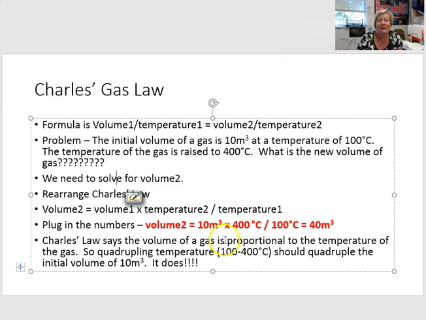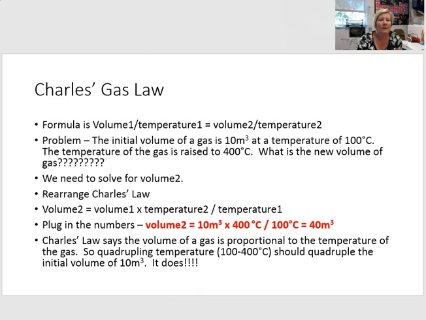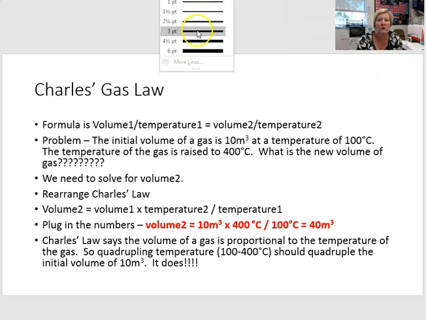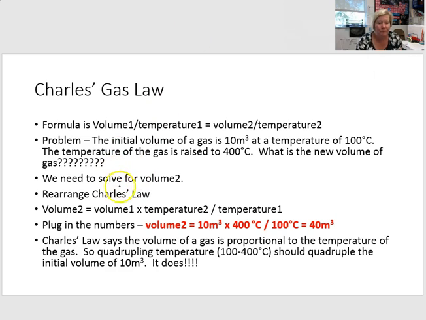So what that means is, as temperature increases, those little gas molecules are going to move faster and therefore expand out further, and volume becomes greater. Okay, so let me go up here and get a pen. Well, that's not a fun color. Let's pick green. And here's our problem.